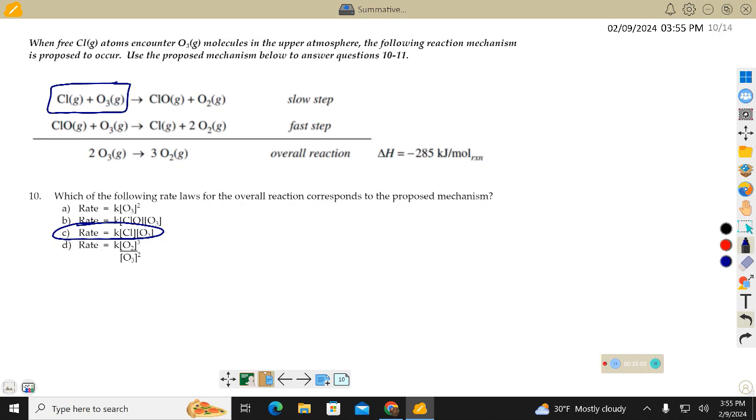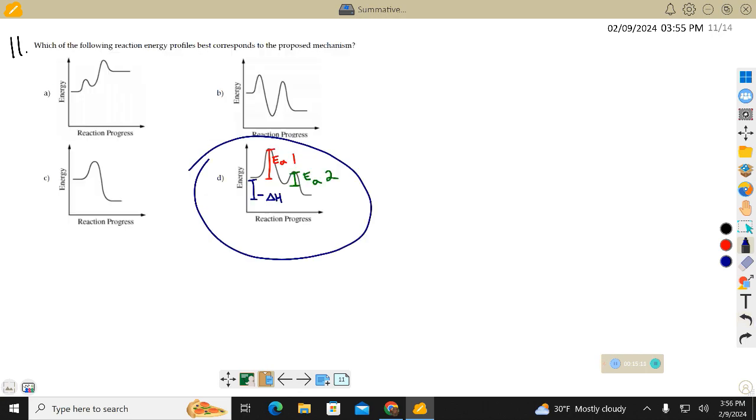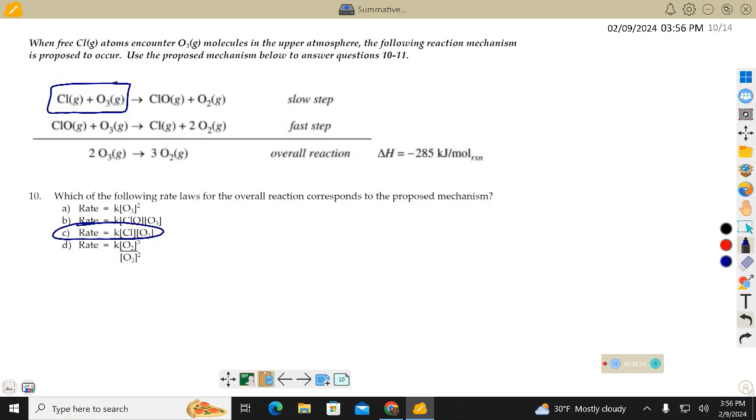Then I really like this last one. Question 11 says, okay, so then which of these energy profile graphs would best correspond to the proposed mechanism? Well, it was a two-step mechanism, so it should have two humps, so not C. Then other little things that I want to pull off of this data.